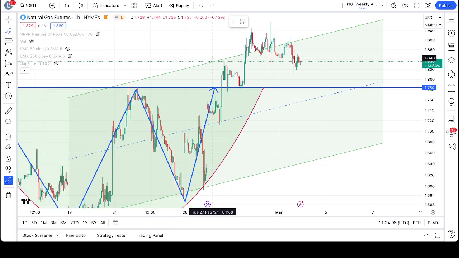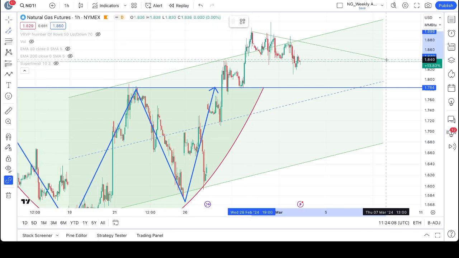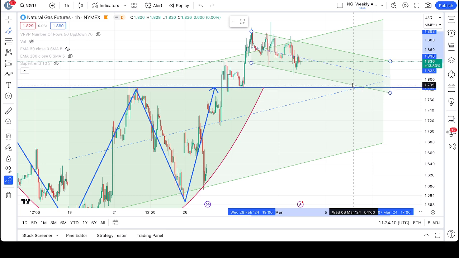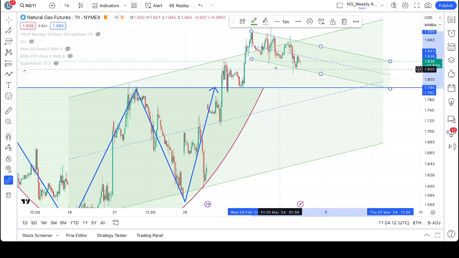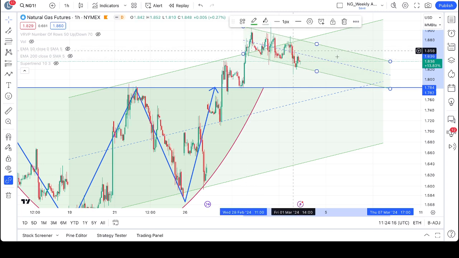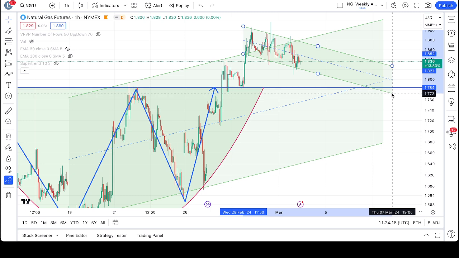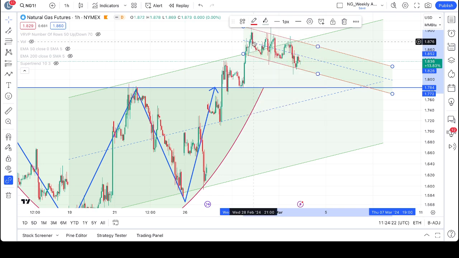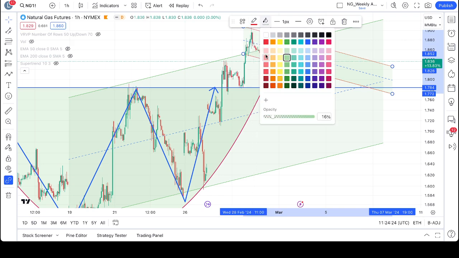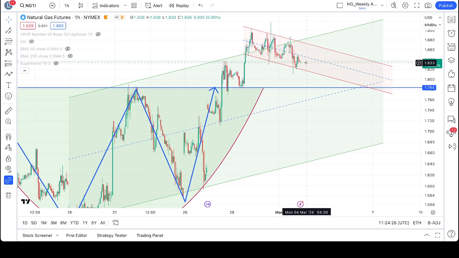This is clearly a bearish channel forming here on a shorter time frame, and let's highlight it in red. So this bigger bullish channel contains a smaller bearish channel, and as I said, this blue line, which is 1.78, is a very key level.